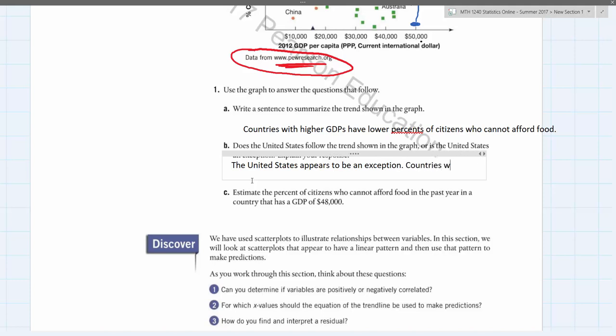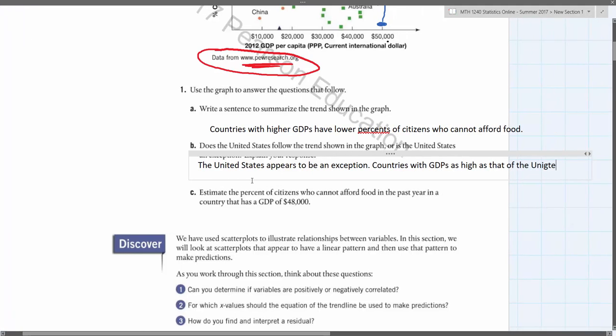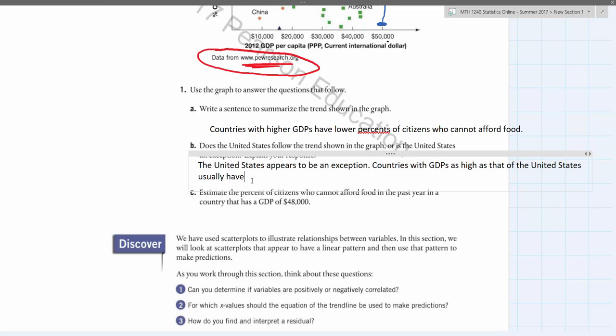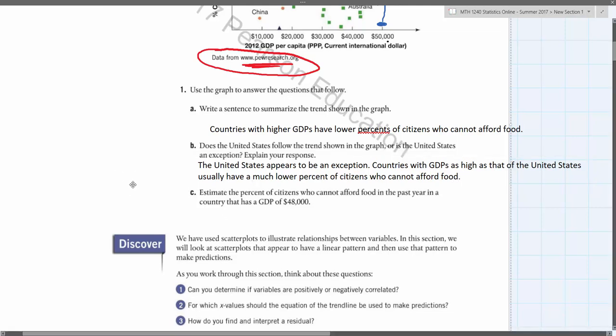Countries with GDPs as high as that of the United States usually have a much lower percent of citizens who cannot afford food. Maybe something like that might answer all the questions.